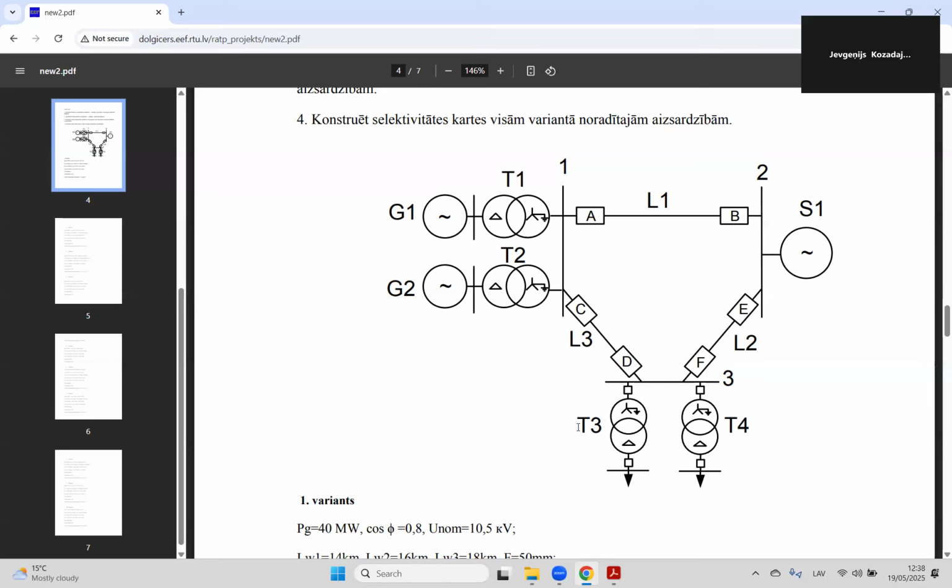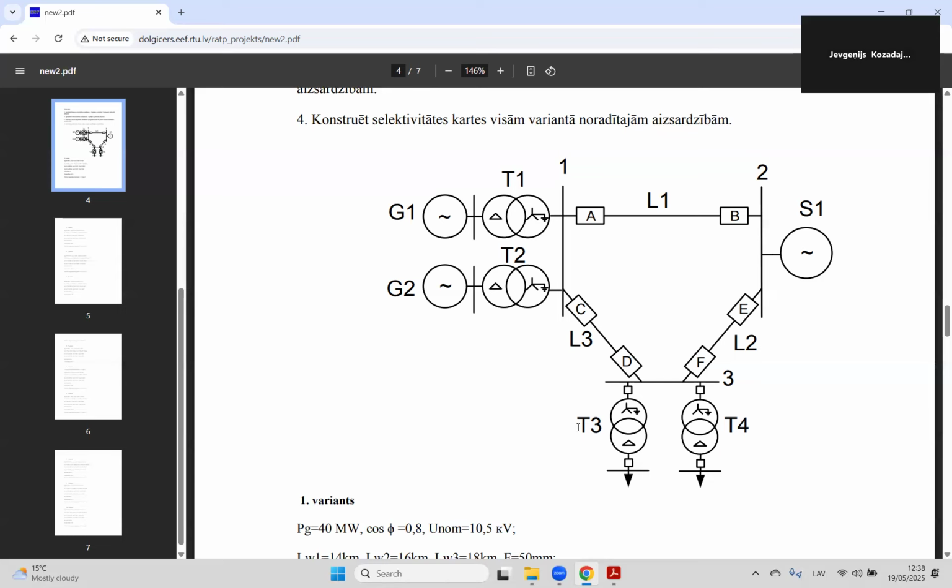Okay, so you understand that we could separate the network from bus number 2, but in this case, B and E could be a good choice, because they are the nearest to the fault in this logic.